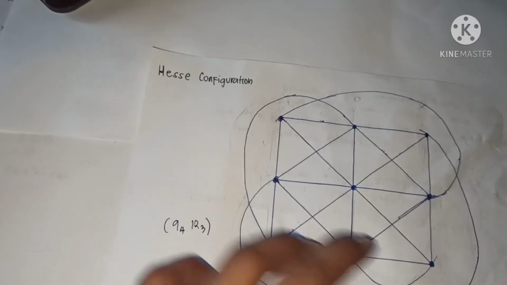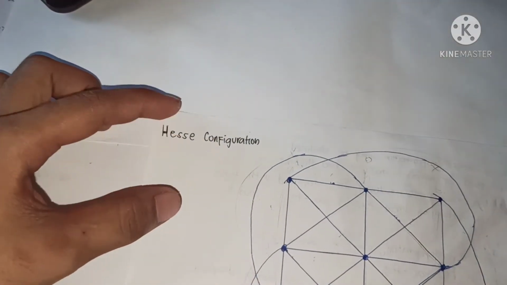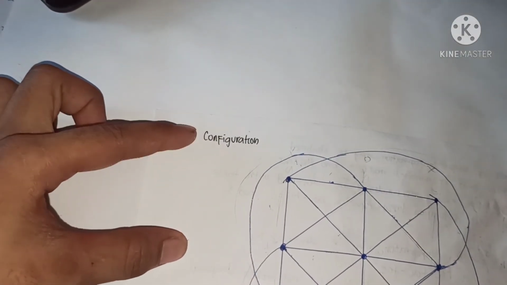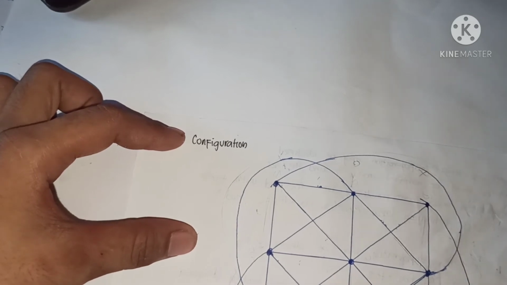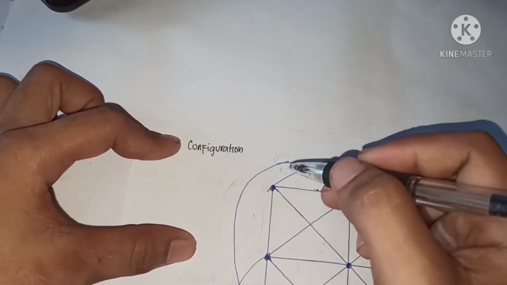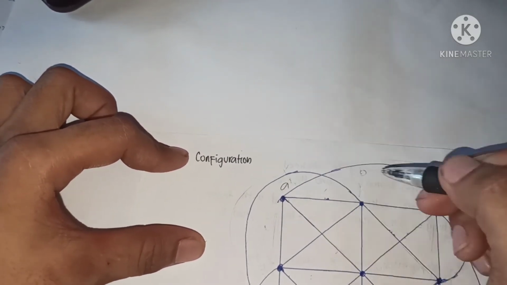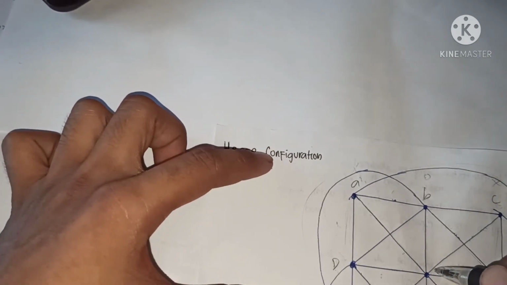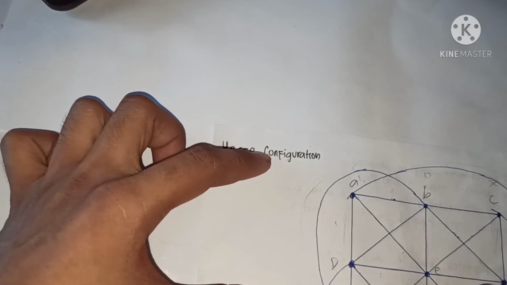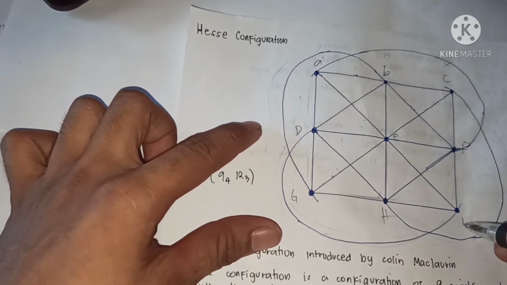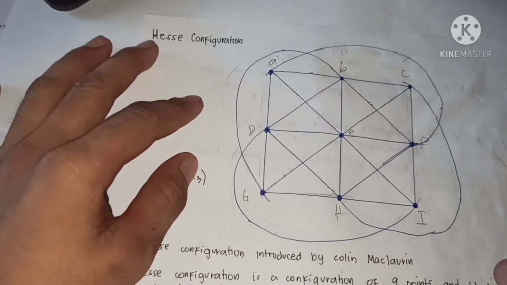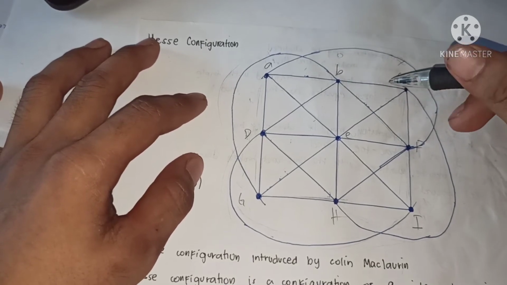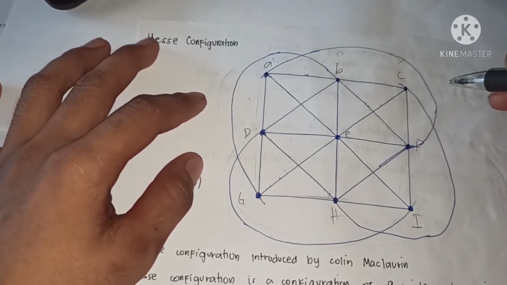Meaning, a point can be identified by an ordered pair.